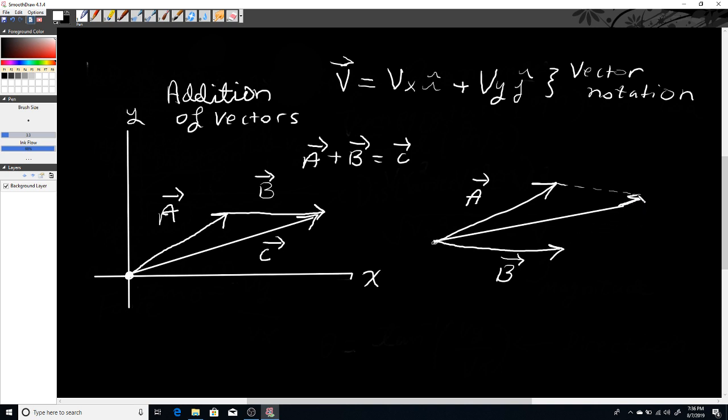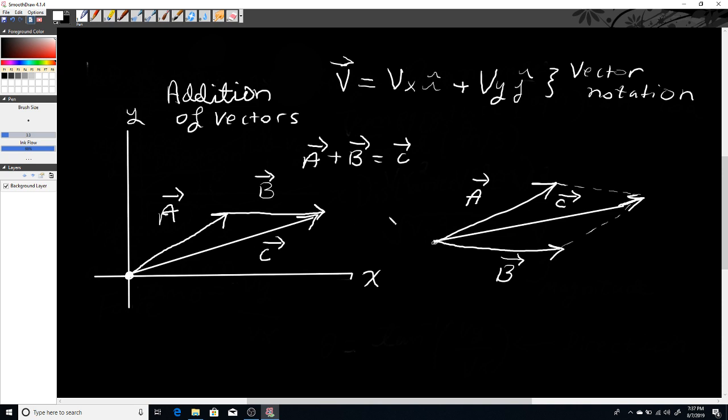We'll call this vector C. And we can see that from these two, this vector extends. And these are sort of the parallel constituent parts of this bigger vector C.